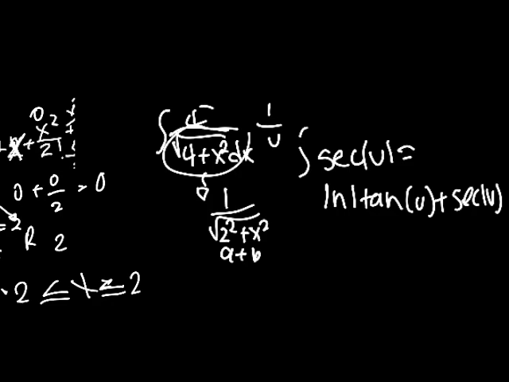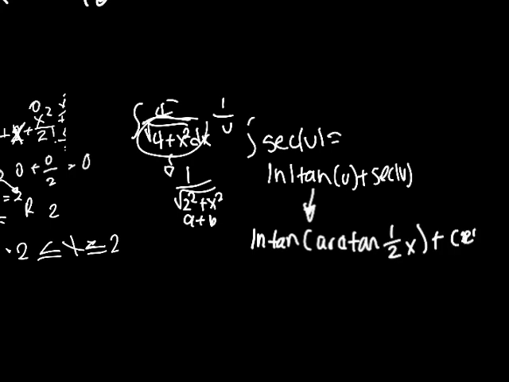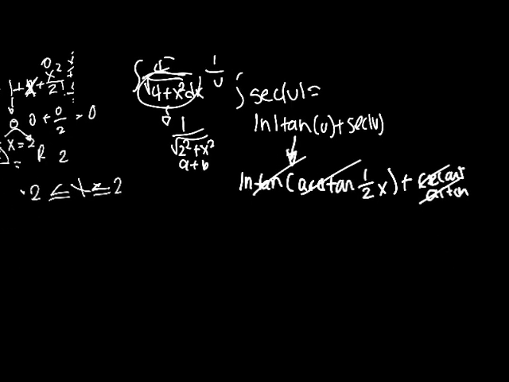And now we can distribute the ln, and we can rewrite this once again using trig identities, ln tan of arctan of 1/2 x plus secant arctan. So as you see here, we can cancel these. We can rewrite this as ln 1/2 absolute value of x plus, we can finally plug this u back, 4 plus x squared.